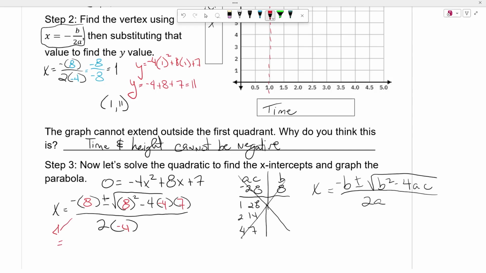Now doing a little bit of arithmetic. I have -8 plus or minus the square root of 64 plus 112 over -8.